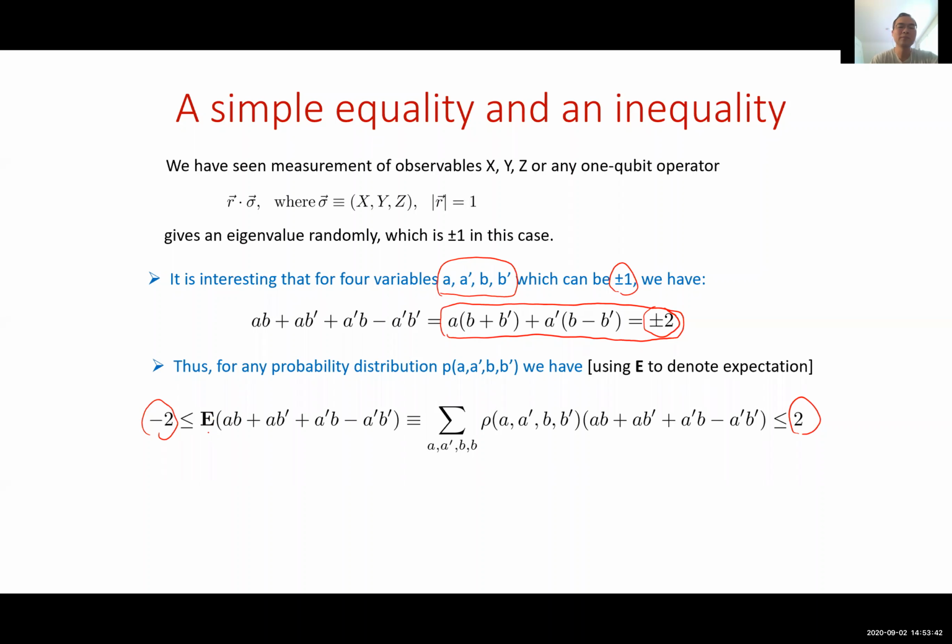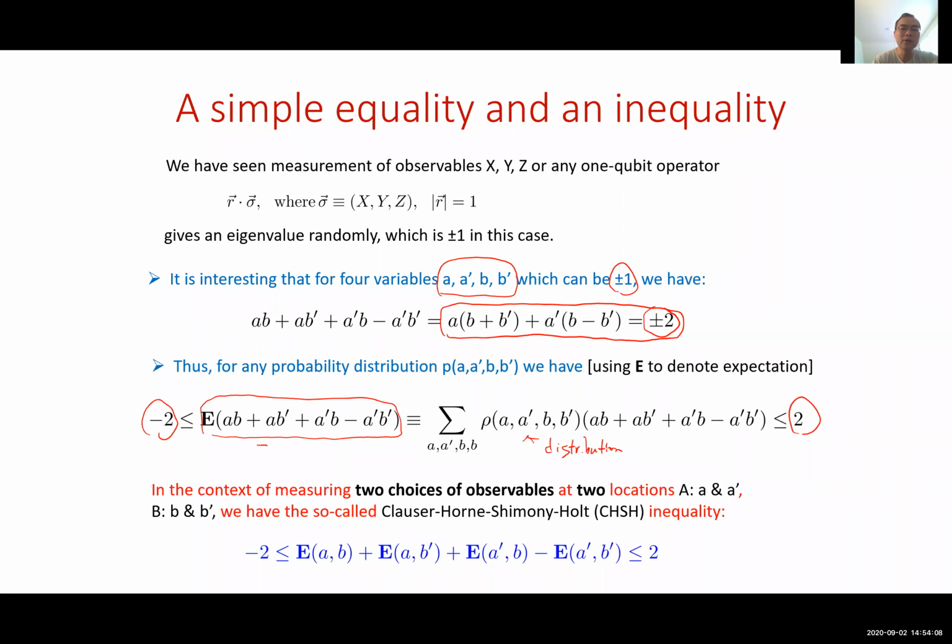And E basically represents some averaging. So averaging comes from some probability distribution. So it doesn't matter what kind of distribution, you would evaluate this combination and you will fall into this range, -2 to 2.